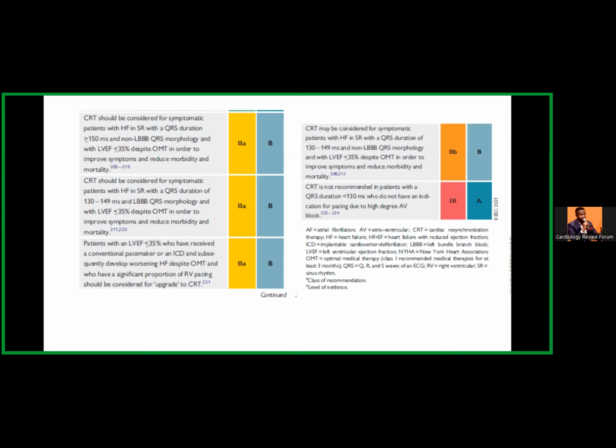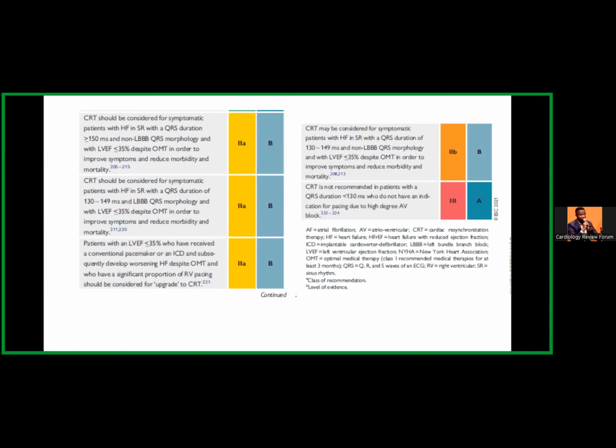So the data are still limited and conflicting. Some quarters have said that it helped with better outcome, but it's a new thing that they're still trying to get across. That's why most things are not clear cut yet in the guideline. We need to keep that in mind.